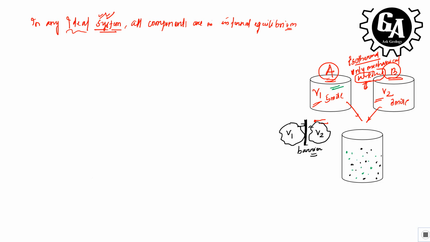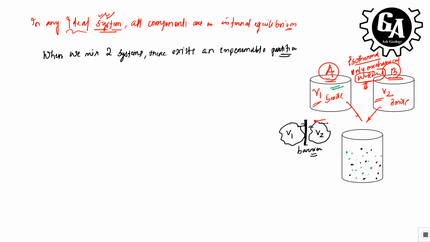When we mix two systems, like in this case A and B, there exists an impermeable partition for a small time.